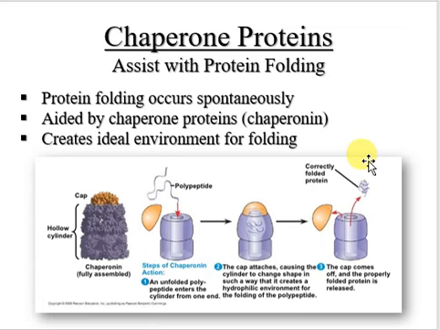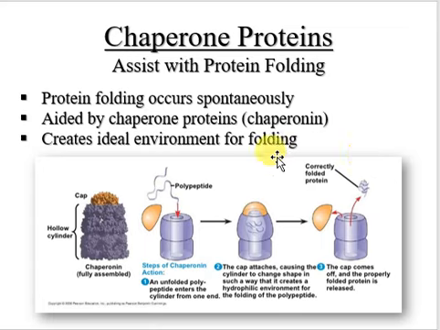So chaperone proteins, these are proteins that assist with the proper folding of other proteins by creating an ideal environment for spontaneous folding. They work by keeping the new polypeptide or polypeptide subunits segregated from the bad influences of the cytoplasmic environment. And again, that enables it to properly fold spontaneously.